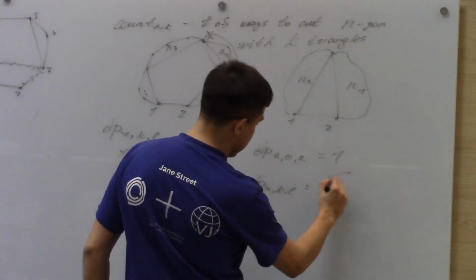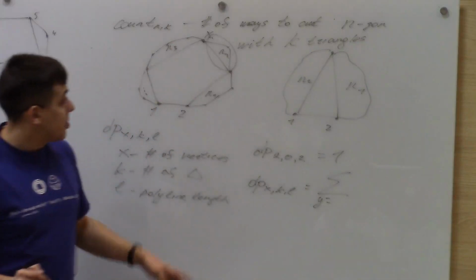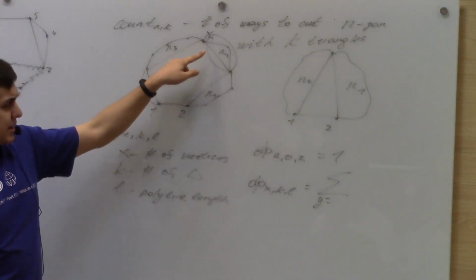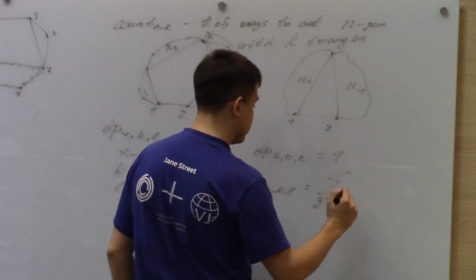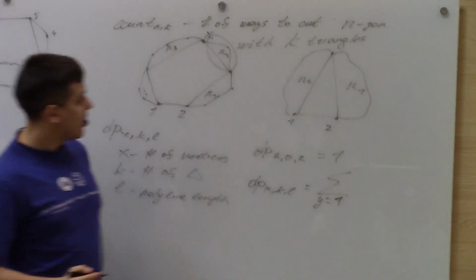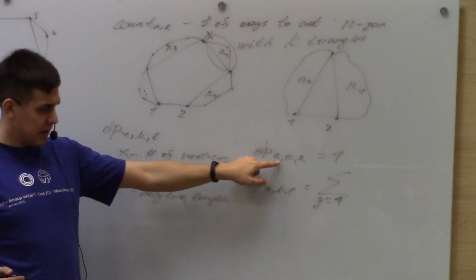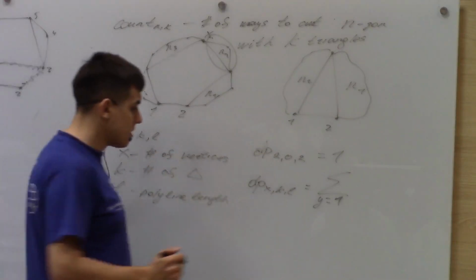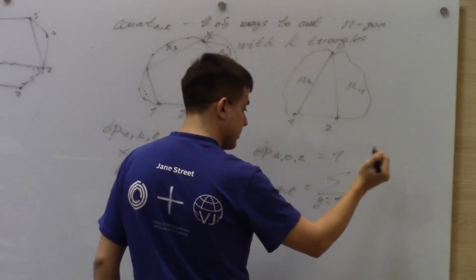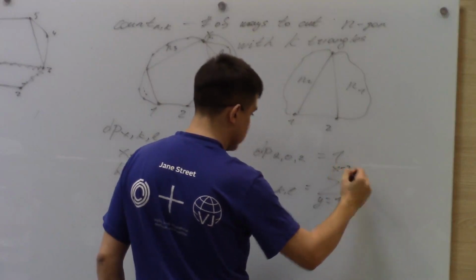So it's a sum over all y's. Well, there is at least one new vertex, so from 1. And what's the largest amount? Well, our initial condition is x equal to 2, so up to x minus 2, I guess.